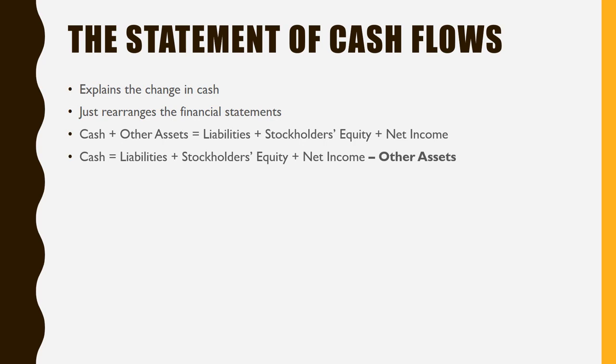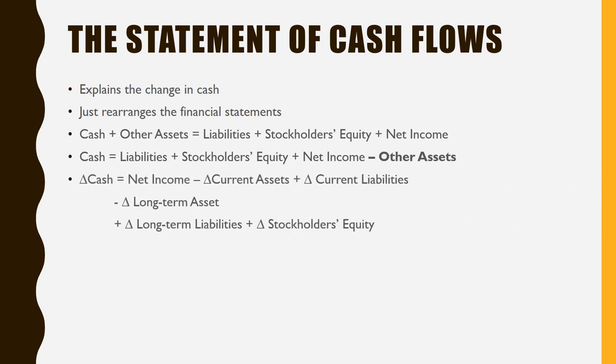So moving those other assets to the other side, the cash equals liabilities plus stockholders' equity plus net income minus other assets, which then means the change in cash equals the net income minus the current assets minus the current liabilities. And that's what we're going to call cash flow from operations. It's what cash you get from just your normal operations. Again, accountants aren't too creative in titles.